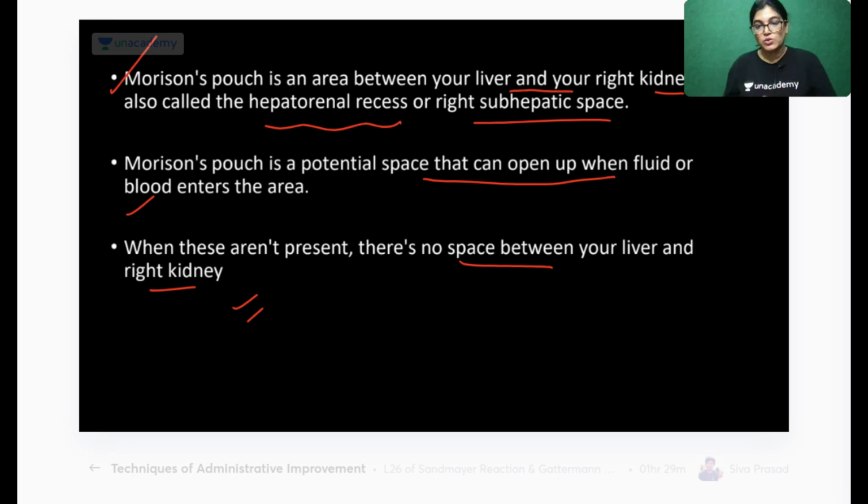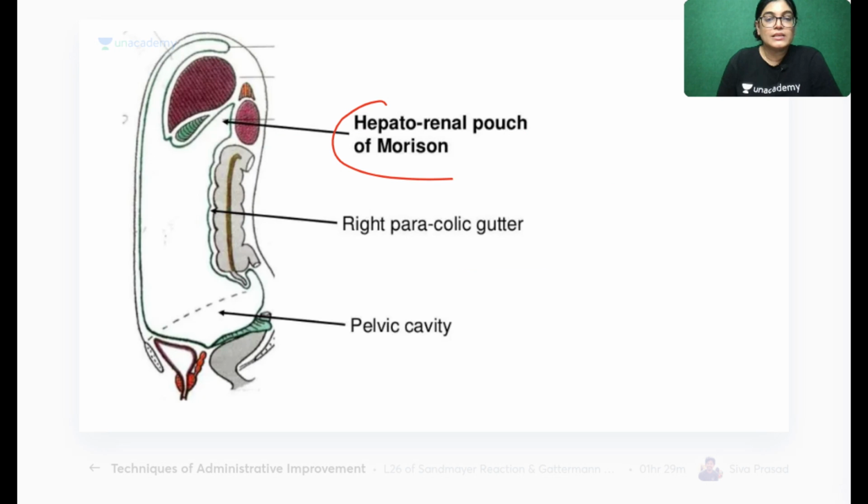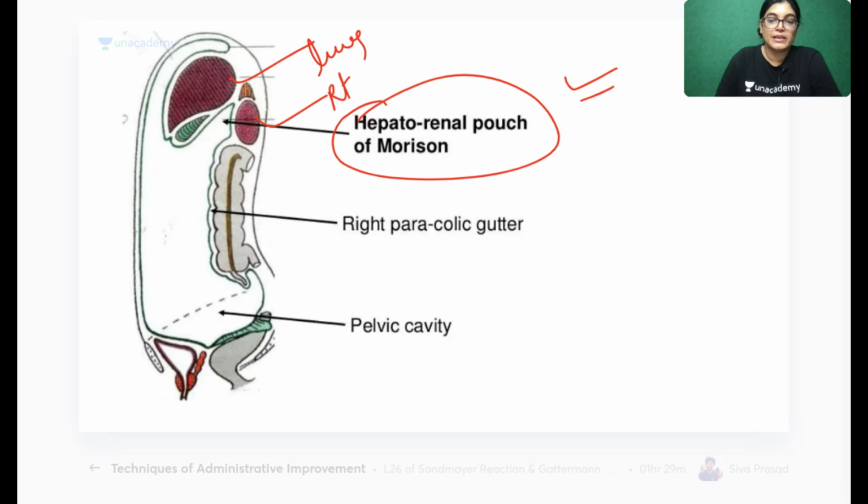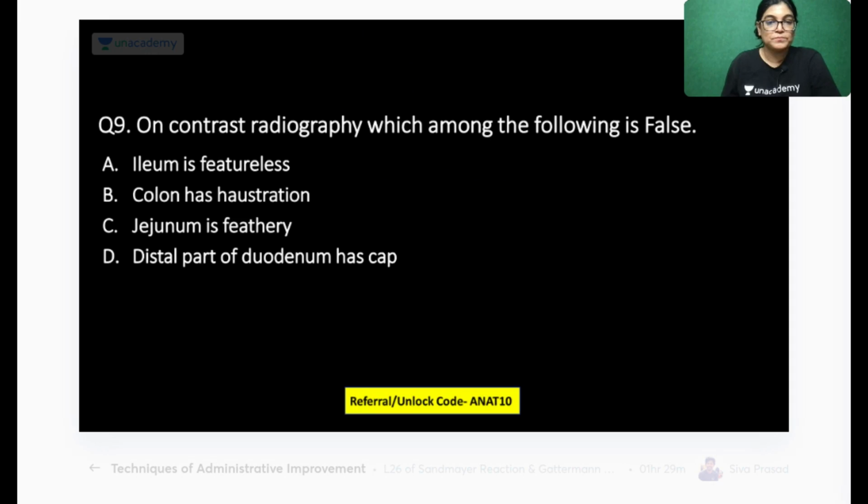Generally this space is evident only when fluid accumulation occurs; that is the time when it becomes more evident. So here, this is the hepatorenal pouch of Morrison, in between the liver and the right kidney. This is exactly the location of the hepatorenal pouch of Morrison.